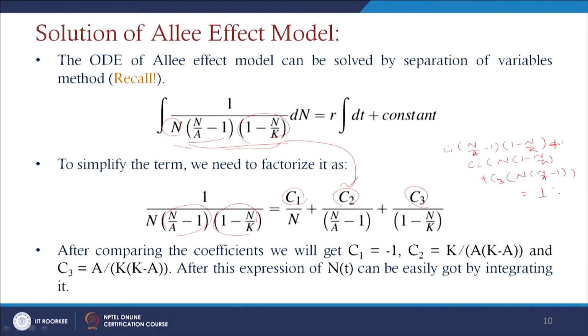And if you compare all the powers of n, then we can find C1 as minus 1, C2 as k/(a(k - a)), and C3 as (a/k)/(a(k - a))... After this expression, once you have these values of C1, C2 and C3, then we can integrate and obtain the values of n(t).